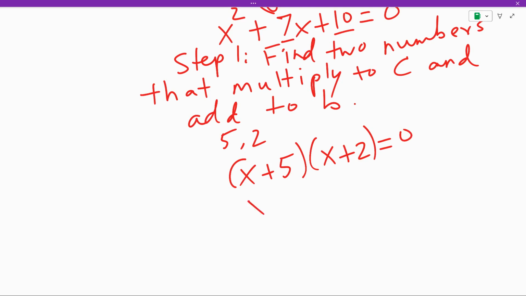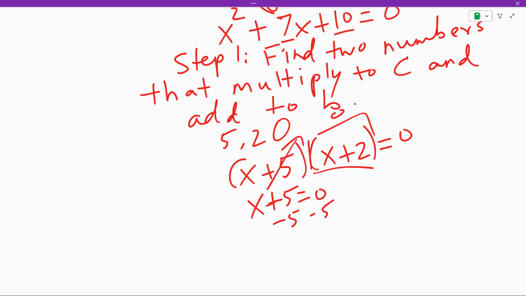Then we can solve for x using the zero product property. If x plus 5 equals 0, then the other factor would also be 0, so we just equate either of them to 0. Starting with the left binomial, x plus 5 equals 0, subtract 5 from both sides and you get x equals -5.